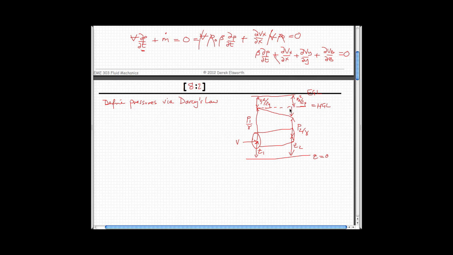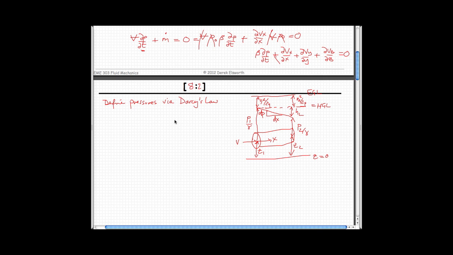But what's this term in here? It's our head loss, right, in the system. And so usually we don't describe this behavior in terms of head loss. What instead we do is we look at the gradient of this change that occurs over some length in the flow direction. And there's some change in pressure divided by unit weight in this particular case, but you could also convert that into a pressure change.